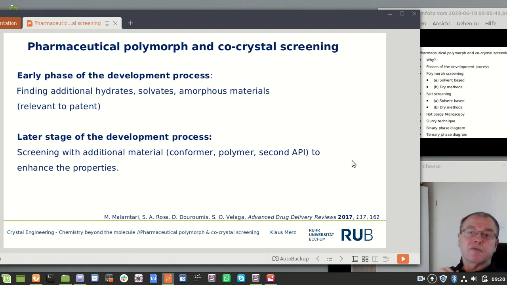We are looking at whether it is possible to develop a co-crystal formed by two APIs, two drugs, something like this. This is the second phase. First, always hydrates and solvates, and then the field of co-crystals and polymorphs.